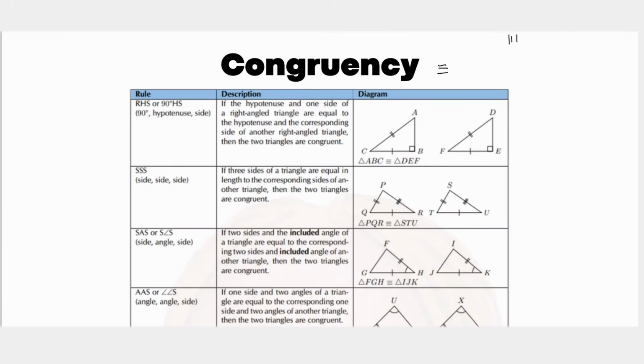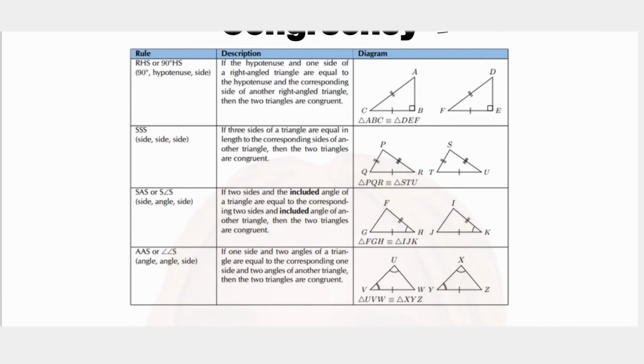That is congruency. With similarity, let me just go down so that you can see it. If we had a triangle like this, I'm just explaining the concept of similarity. If we had a big triangle like this, and we scale it down like this, the small triangle is similar to this one.